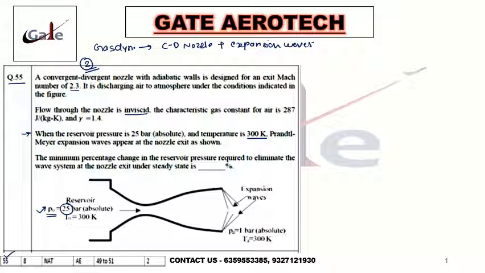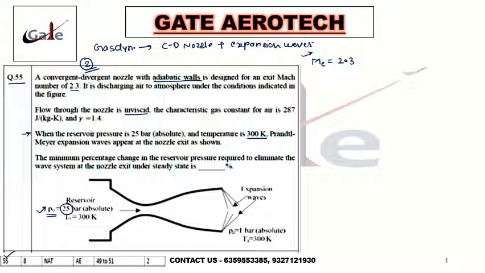So they have given the nozzle exit Mach number, which is 2.3, and this is supersonic, right? We know that to get supersonic flow at the exit from the nozzle we need a convergent divergent section, right? So this is kind of a checkpoint. Then, with adiabatic wall, they have given adiabatic wall.